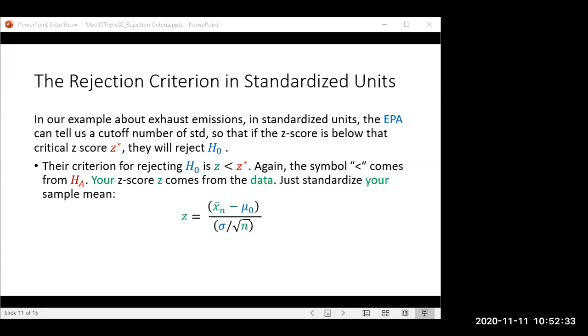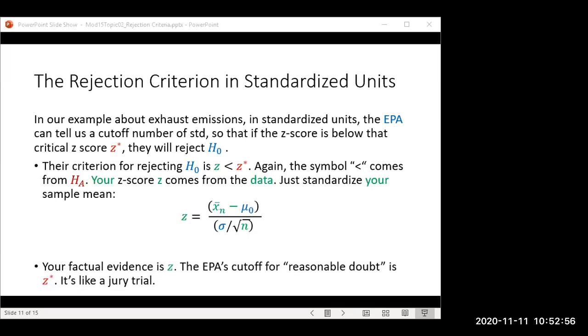So you get your data, you get your X bar in, and you convert it to a z-score using this formula, keeping the stuff that comes from data in green, and the stuff that is your criterion is red, and then the information from the null hypothesis is blue in the formula.